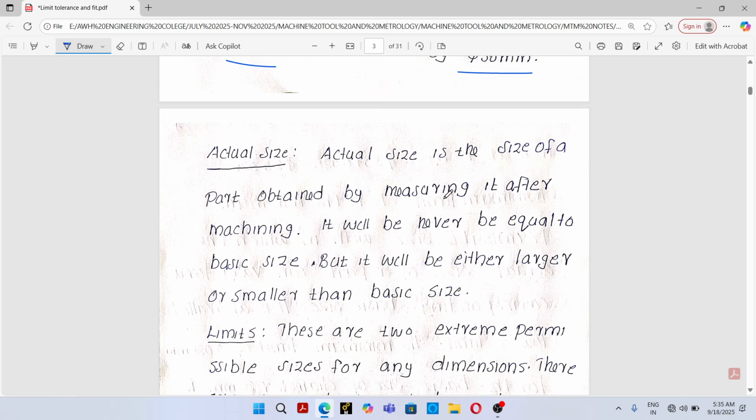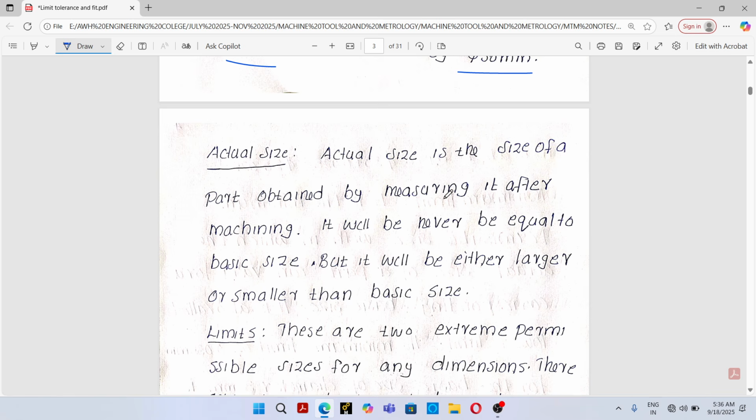Then second one is actual size. See, actual size is the size of a part obtained by measuring it after machining. Okay, so it is the size of a part obtained by measuring it after the machining process.